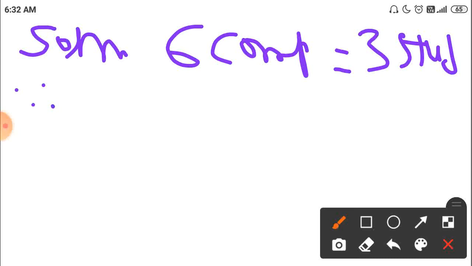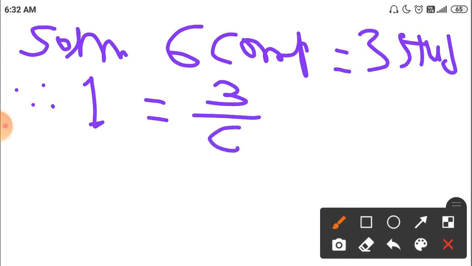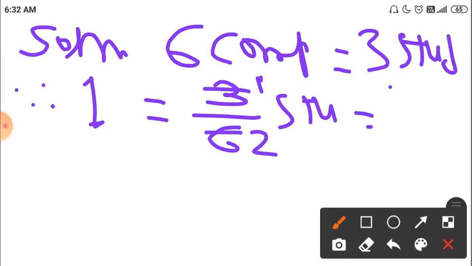Here the speaker writes one computer equal to 3 upon 6 students. 3 ones are 3, 3 twos are 6. That is equal to 1 by 2.